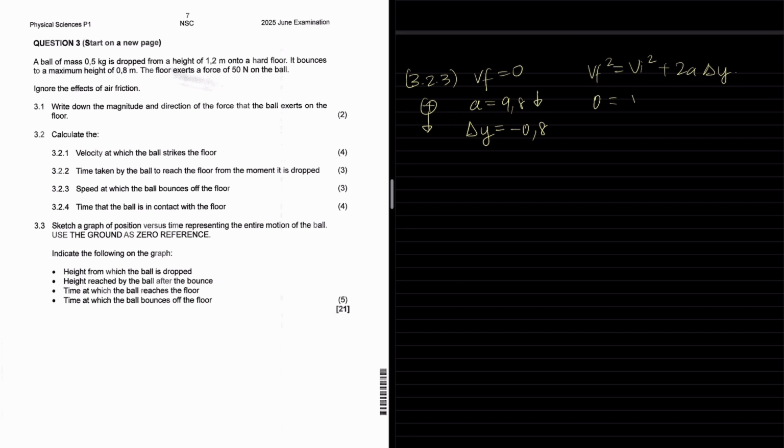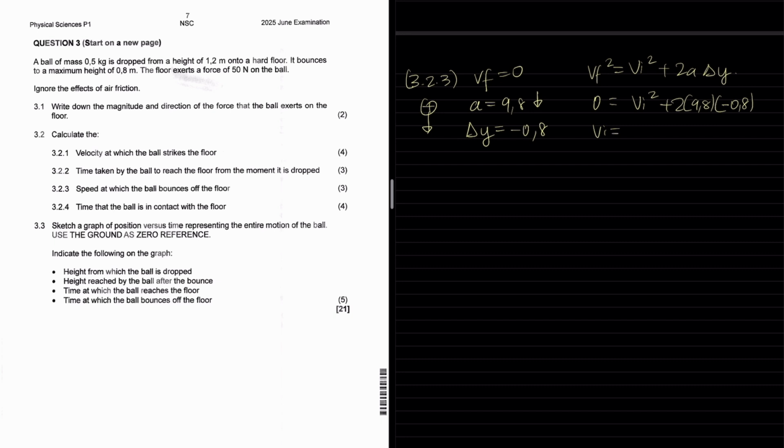So Vf is 0, Vi is what we want, plus 2 times 9.8 times minus 0.8. Now, when we solve for Vi, again, don't forget to square root, we're going to get an answer of 3.96 meters per second. Remember, they wanted speed. Speed is a scalar, so we do not need to give direction, though the direction is going to be upward.